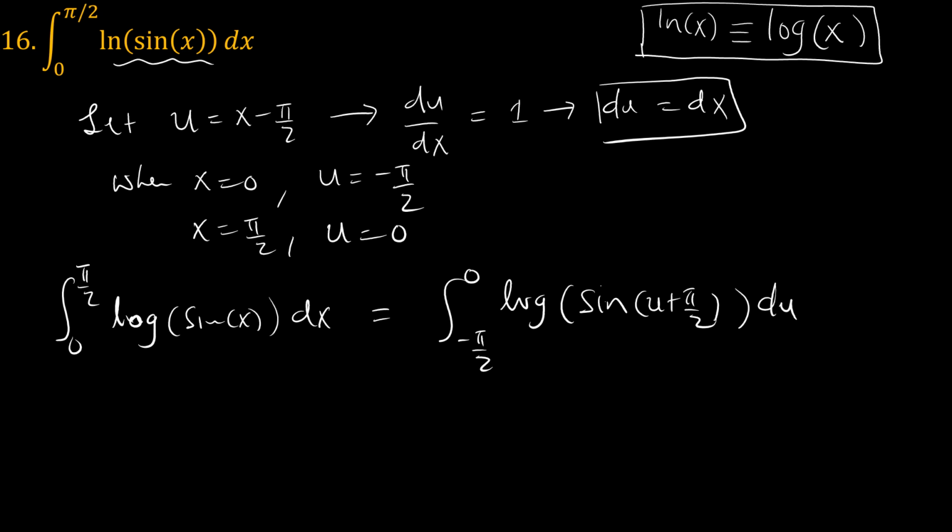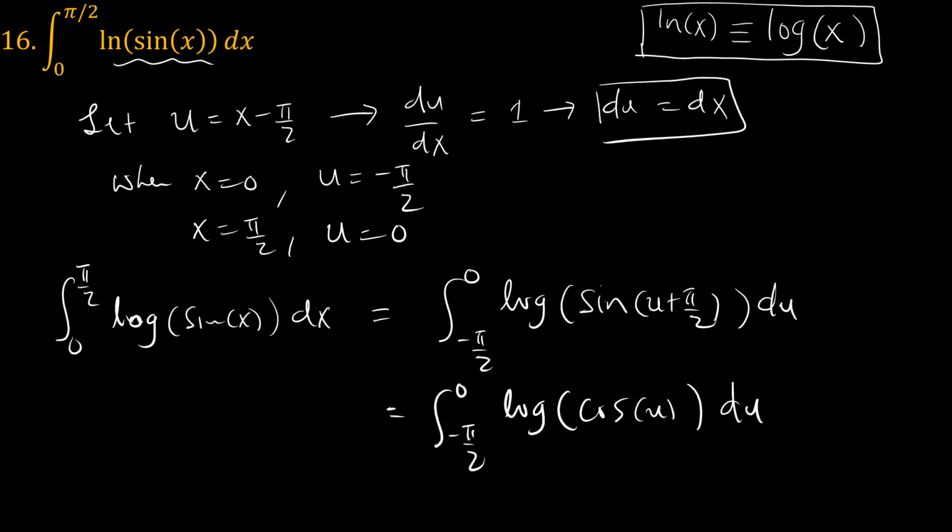So what is this? This is sine u cosine pi over 2 plus sine pi over 2 cosine u. So it's the same as cosine of u.